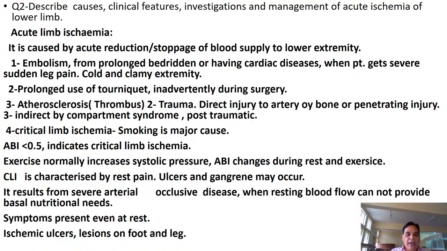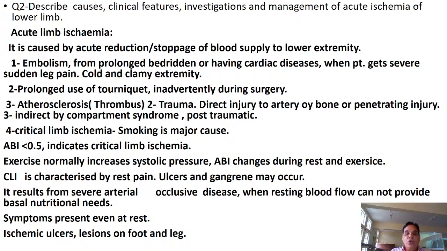Second cause, inadvertent use of a tourniquet for a prolonged time. Third cause, thrombus formation, blocking by a thrombus in atherosclerosis. Equally important, trauma. Trauma can be due to direct injury to the artery by a penetrating bone or any penetrating object.